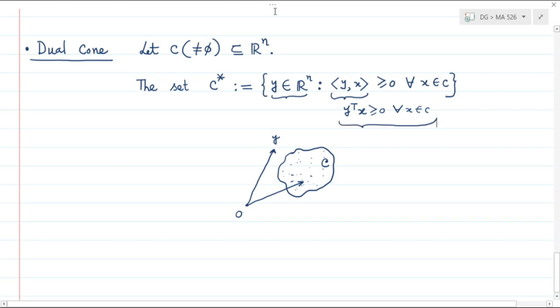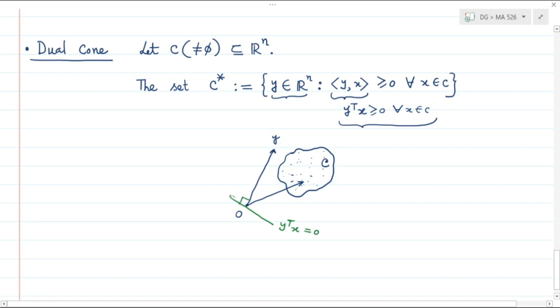y transpose x equal to 0 is the hyperplane for which the perpendicular is the vector y, and therefore for this y we note that y transpose x equals 0 is this line that is perpendicular to y and passing through the origin, right?